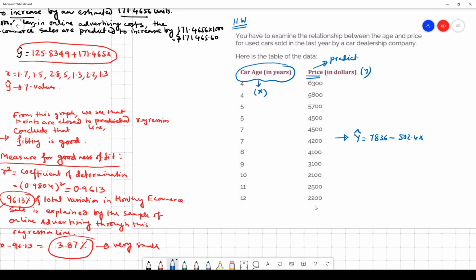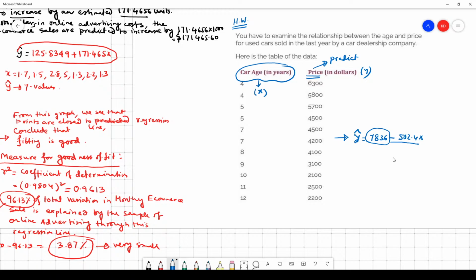Y hat is the predicted value of the price. I know how to interpret 7836, which is the y-intercept. Now the problem is minus 502.4x. In my previous problem, the sign of the regression coefficient was positive, but here it is negative. How to interpret this?